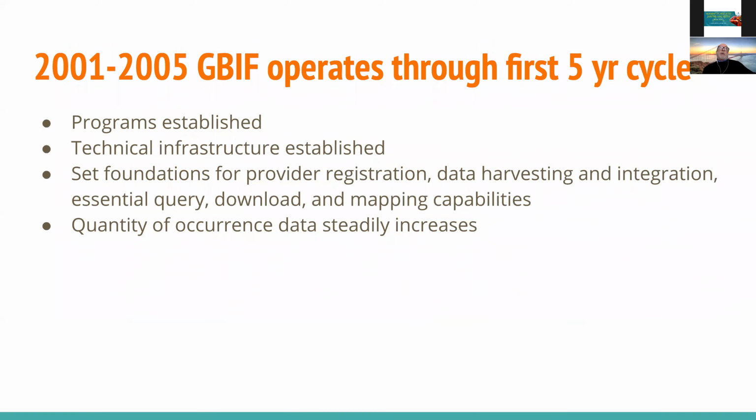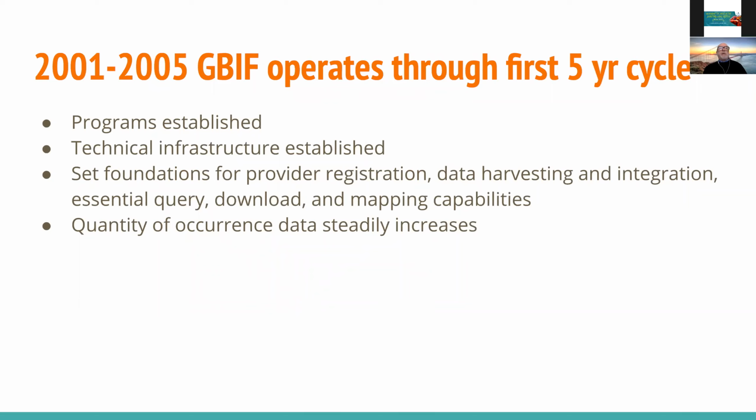So GBIF operated through its first iteration, its first 5-year memorandum of agreement. It established the various programs within GBIF in terms of outreach and interoperability and a few other things.